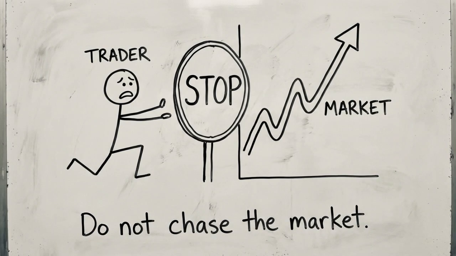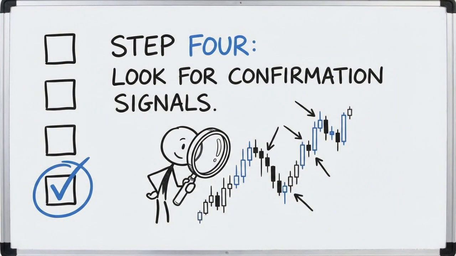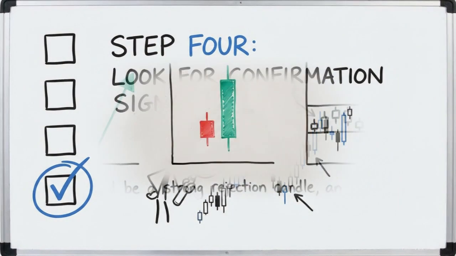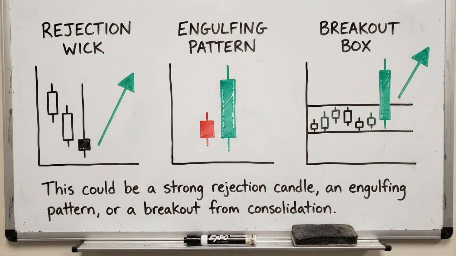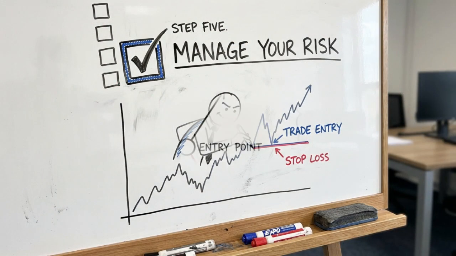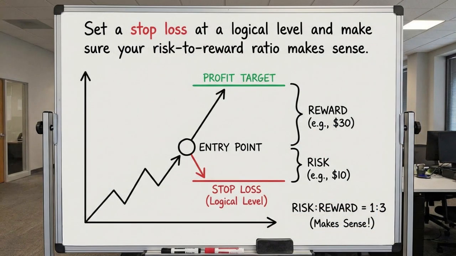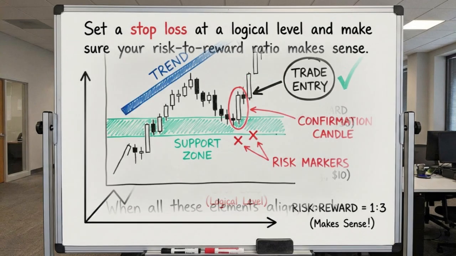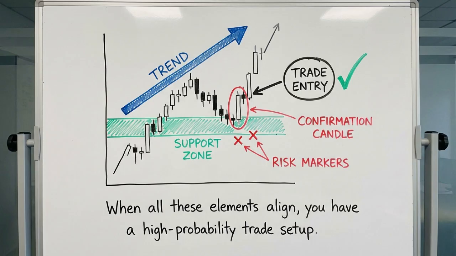Do not chase the market. Step 4. Look for confirmation signals. This could be a strong rejection candle, an engulfing pattern, or a breakout from consolidation. Step 5. Manage your risk. Set a stop loss at a logical level and make sure your risk-to-reward ratio makes sense. When all these elements align, you have a high probability trade setup.